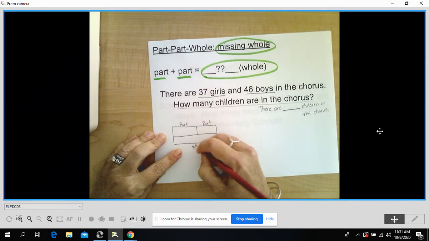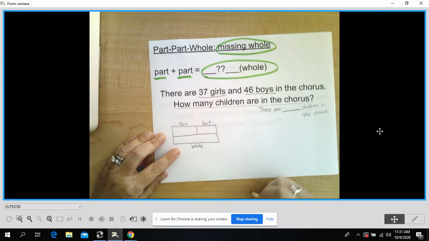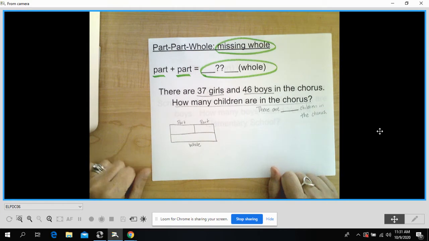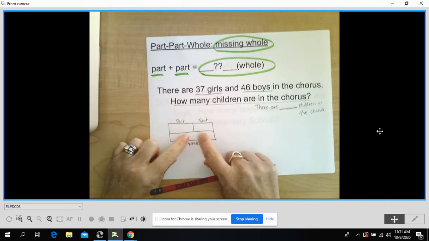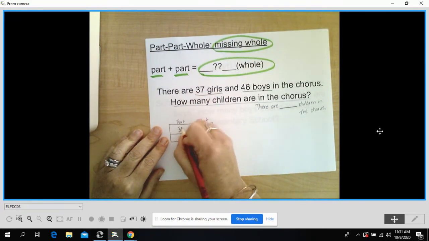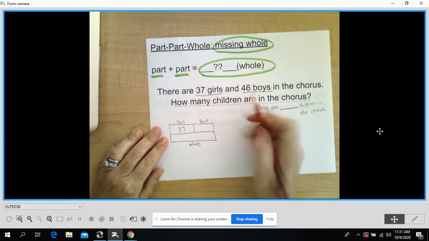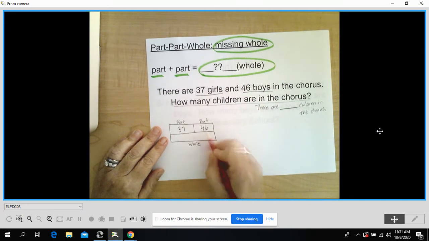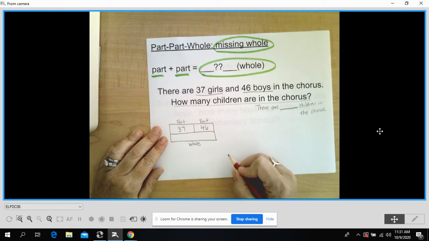And then this bottom part is the whole. Okay? So that these two make this. It just gives a visual reminder of what we're doing and that we need both of these to make this. So part of this problem is that there are 37 girls, and the other part is that there are 46 boys. I want to know what the whole is.